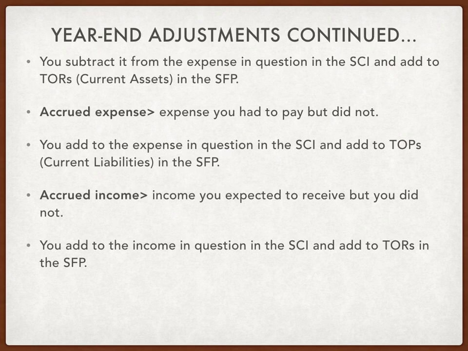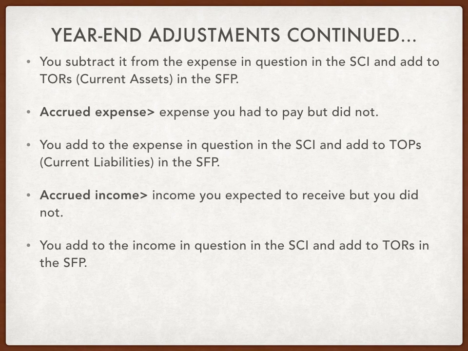Let's move to accrued expense. This is the expense you had to pay but you failed to. So let's say you had to pay your creditors or your suppliers for 6 months, but you only paid for 4 months. It means you are behind by 2 months. The amount you are behind by, you'll still have to record in your statement of comprehensive income in order for our records to match.